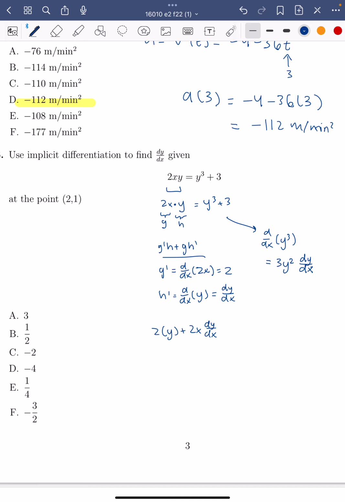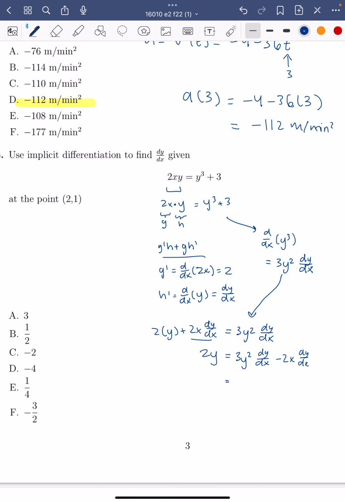We're going to set these two equal to each other, so that would be 2y plus 2x dy/dx equals 3y squared dy/dx. We want to find what dy/dx is, so we need to isolate dy/dx. So I'm going to move this term to the right side. That would give us 3y squared dy/dx minus 2x dy/dx equals 2y.